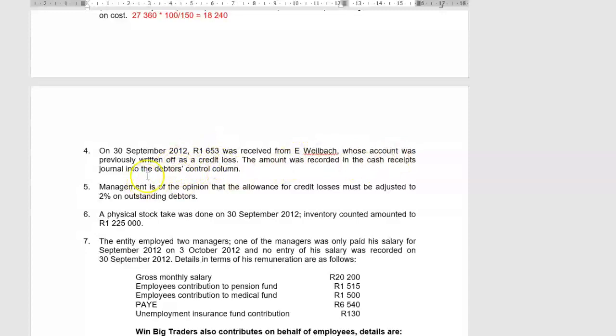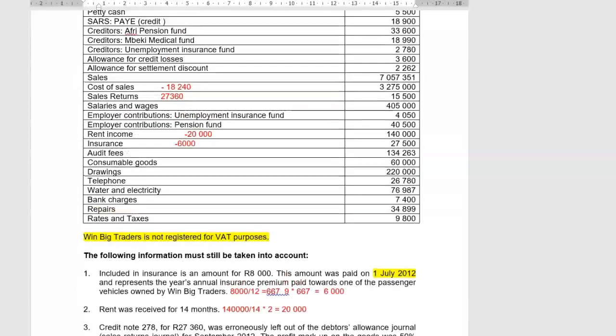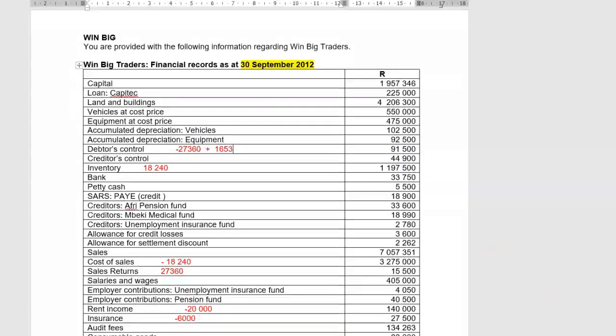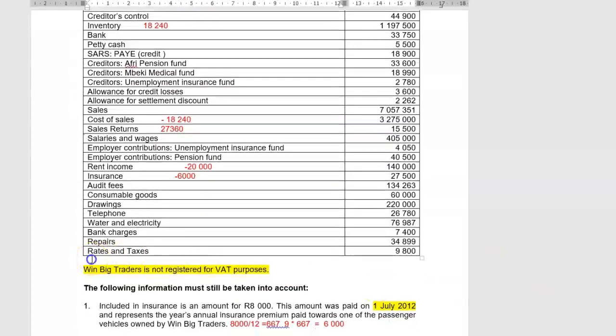And because it was in the debtors column, I would have credited debtors with the amount received, which obviously is wrong. So if I've credited debtors, it reduced the debtors account. So I want to increase my debtors account, and then I'm going to write here credit losses recovered because they want the income statement from me. So this is an income item.